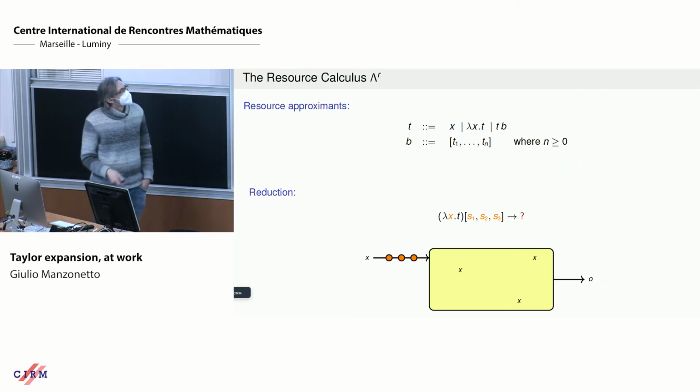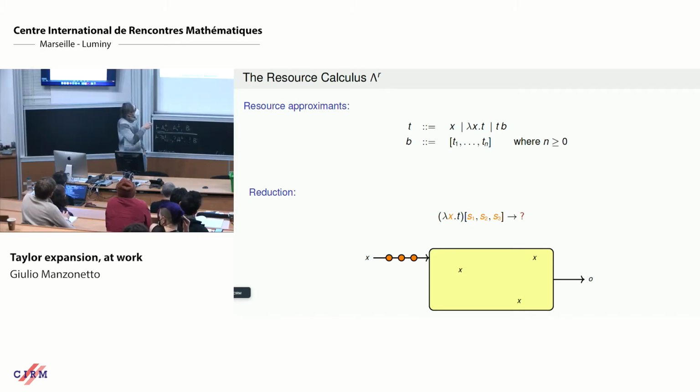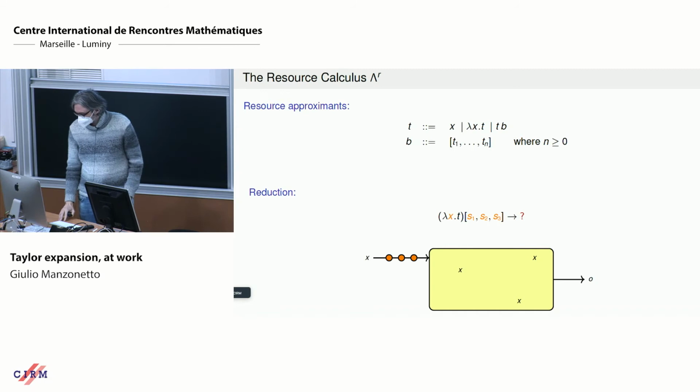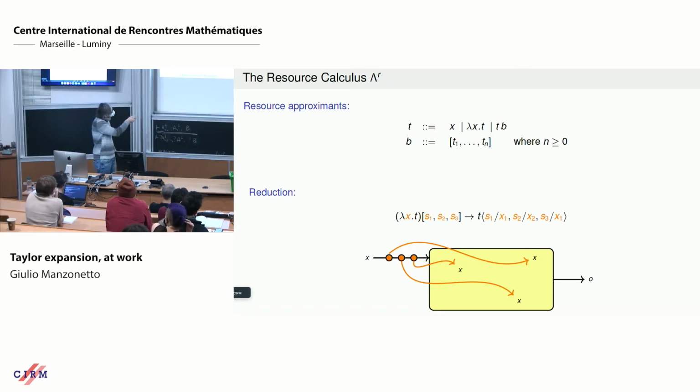So what happens in the reduction? If we have a lambda x dot t applied to a single bag containing S1, S2, and S3, morally, you need to substitute each of S1, S2, S3 for one occurrence of x in t. So if t contains 3 occurrences, this works very well, because S1 goes here, S2 goes here, S3 goes there. But the point is that finite multisets are not ordered.